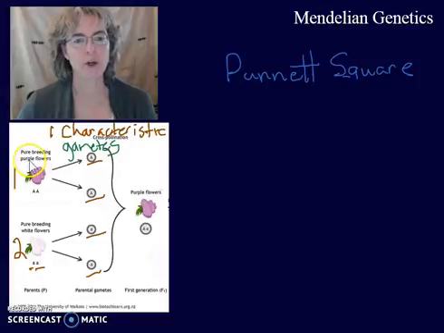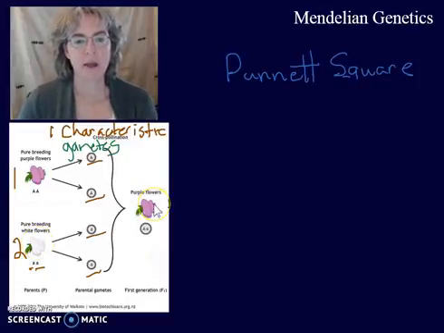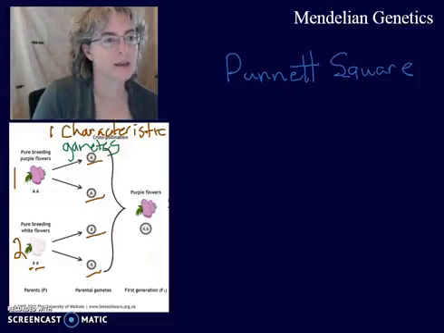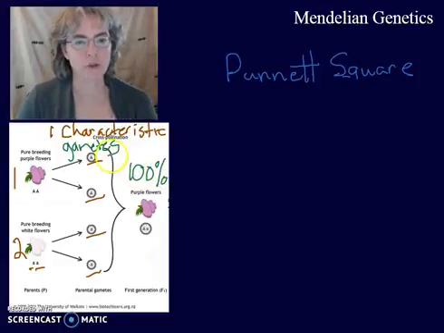When he took true breeding garden peas that have purple colored flowers and crossed them with a true breeding white flower color plant, he got 100% purple flowers.